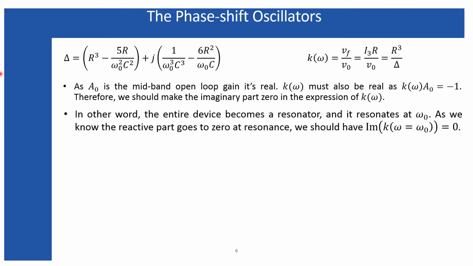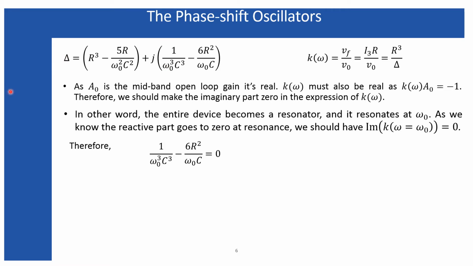And we know at resonance the reactive part of the circuit goes to 0, and the reactive part is represented by the imaginary part of this determinant. Therefore the imaginary part of this K we have to make 0, which implies that the imaginary part which exists in the expression of this delta, the determinant, we have to make 0.